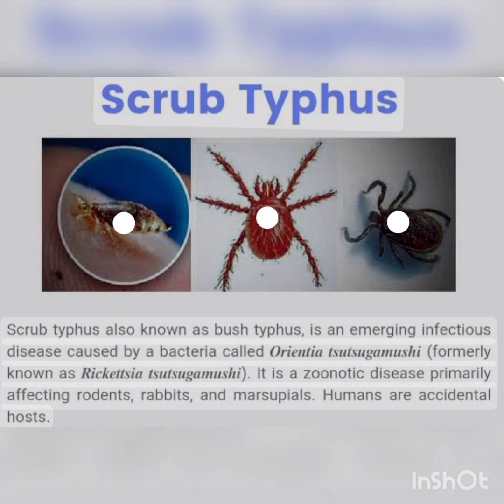While he was investigating the disease, he got infected with typhus fever from this species, and he suffered from typhus fever. So the species was named after him, that is Rickettsia prowazekii.